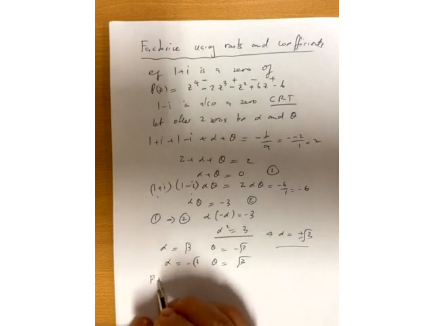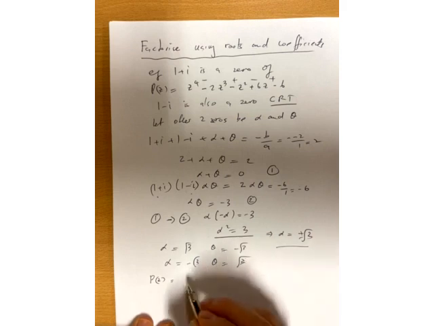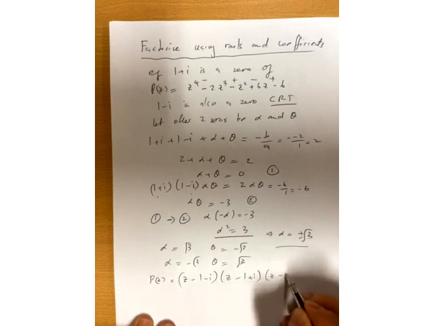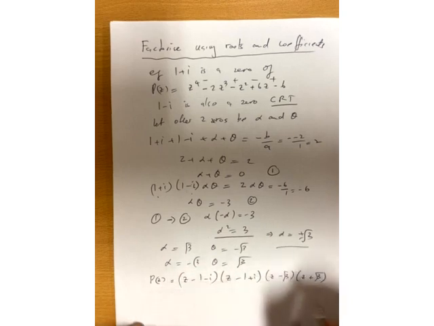So if you were to factorize P(z) over the complex first, it'll be z minus 1 minus i, z minus 1 plus i, z minus root 3, z plus root 3. So that's over the complex. I gotta be careful because I stuffed this up last time.